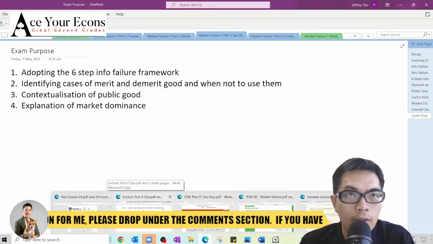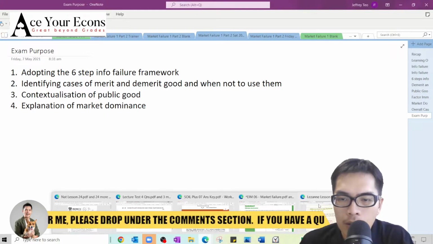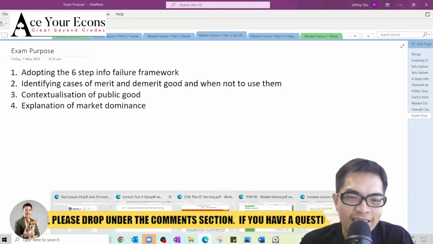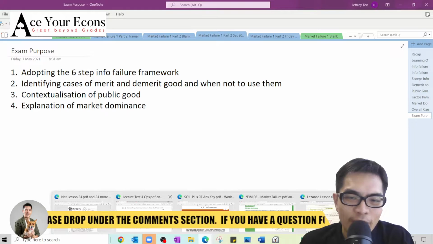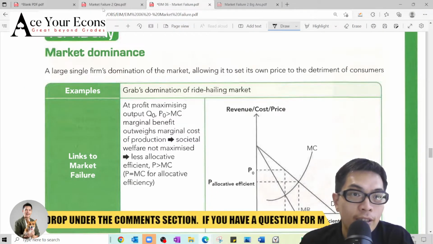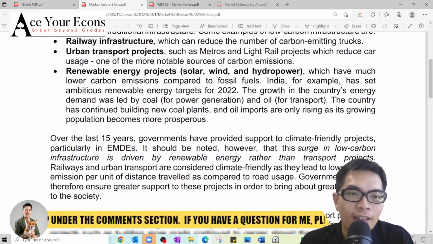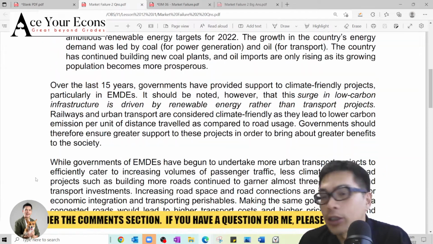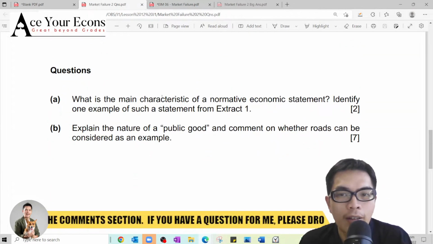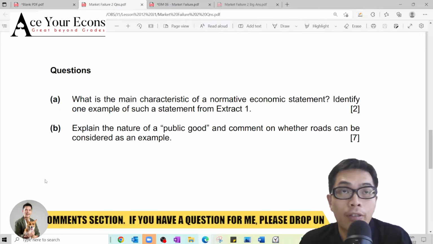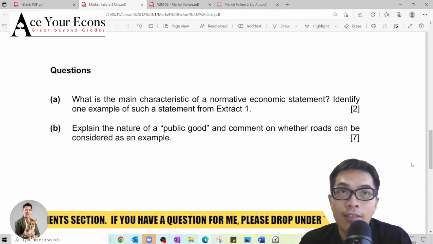Alright, thank you, Jens, for coming back. So we will be looking at this question, driving out carbon emission. You should see part A and part B here. Let me know if you are seeing the same question.